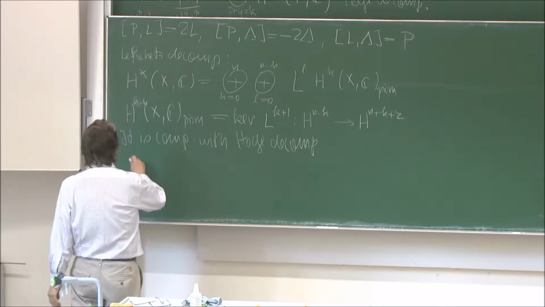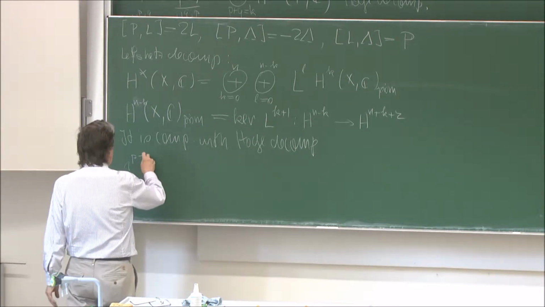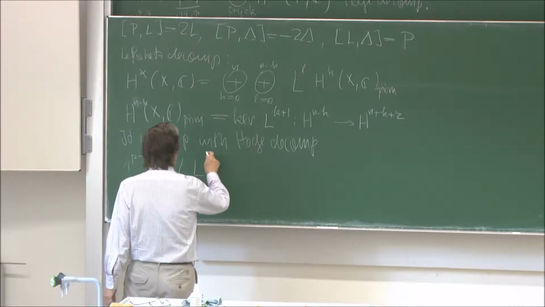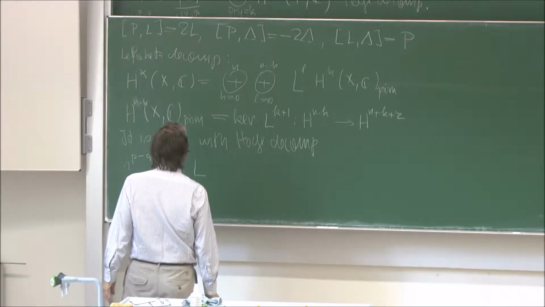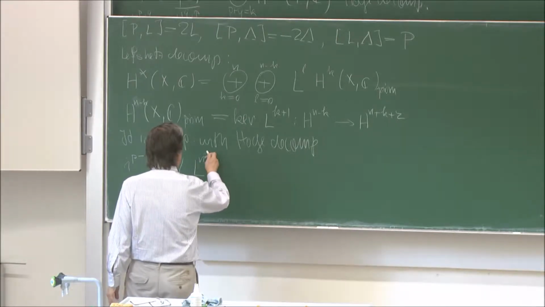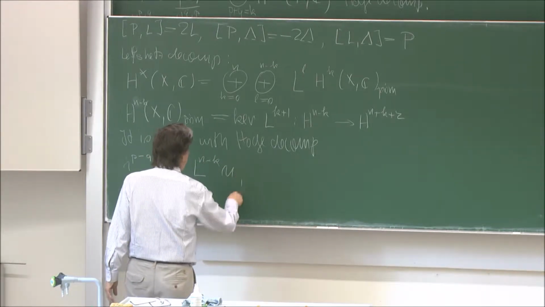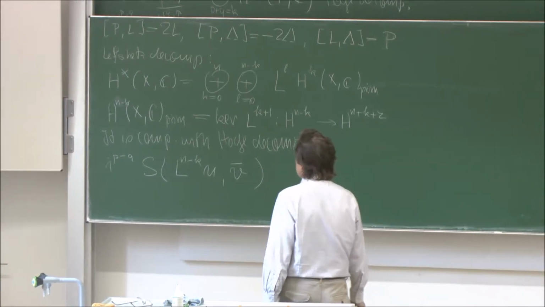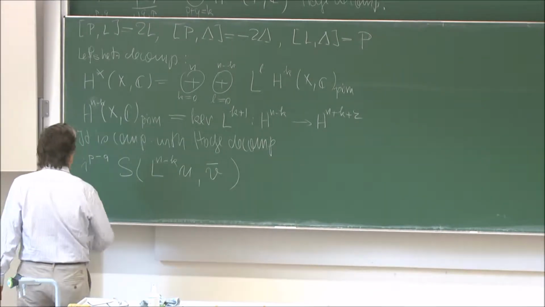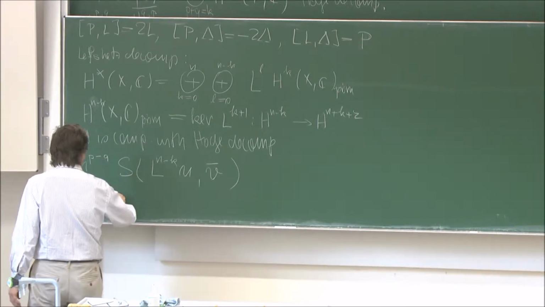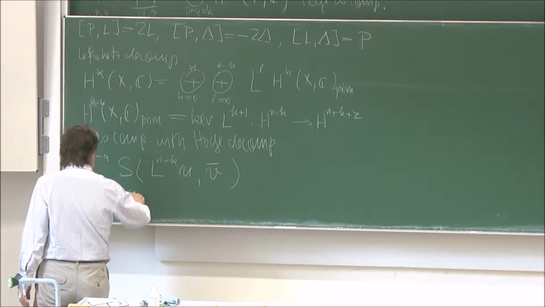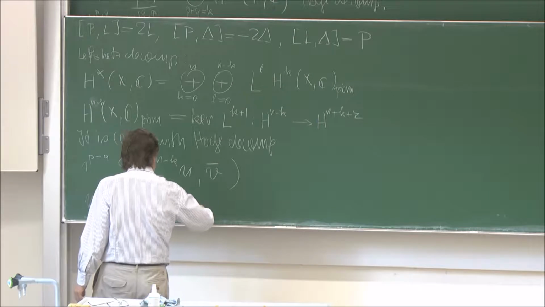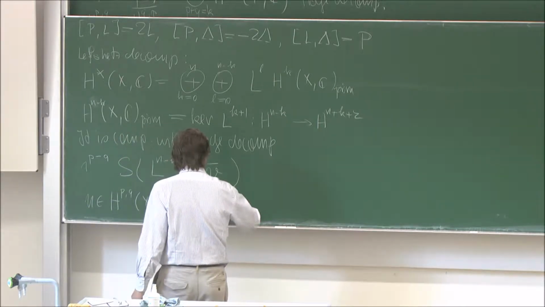So if I look at i to the p minus q times the form S(L to the n minus k u, v-bar), I want to look at this for u in H^{p,q}(X) primitive and k equal to p plus q.